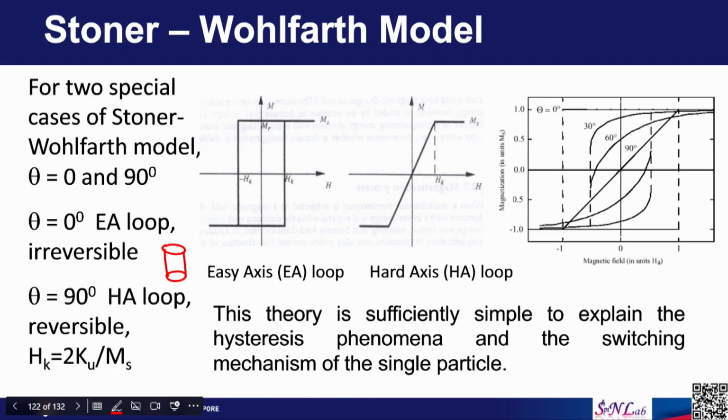So, we take one imaginary particle, let us say it has the easy axis along this direction, and magnetization is initially in this direction, and I apply magnetic field in the opposite direction. Then this particle, initially it was like this, once I apply reverse magnetic field, it reverses to the other direction at a field called Hk. Hk is called the anisotropy field.